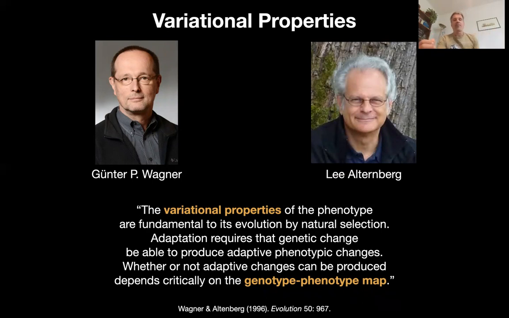Whether or not adaptive changes can be produced depends critically on the Genotype-Phenotype Map. So understanding the Genotype-Phenotype Map is crucial for understanding evolvability, and evolvability, as it has been claimed by several authors, is one of the central problems, if not the central problem, of evolutionary developmental biology.